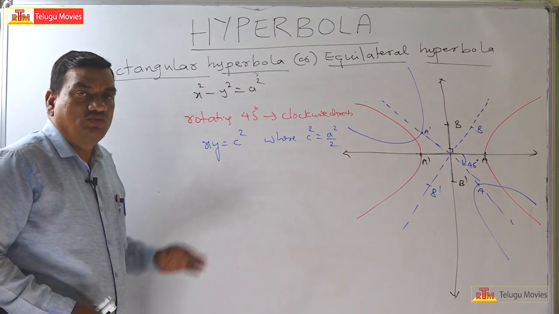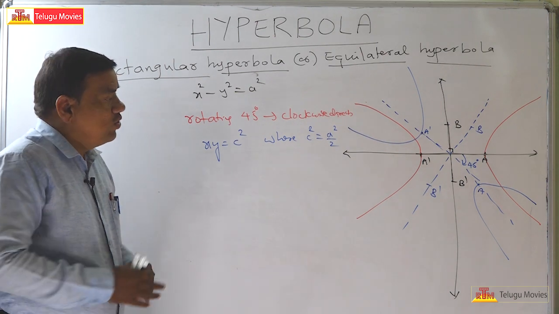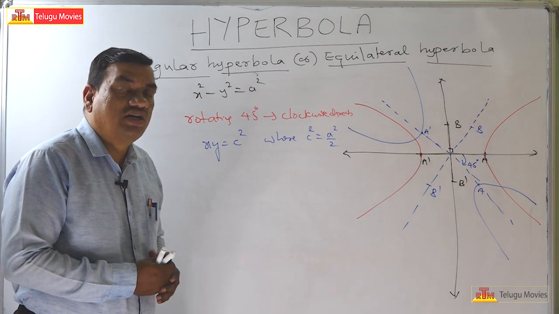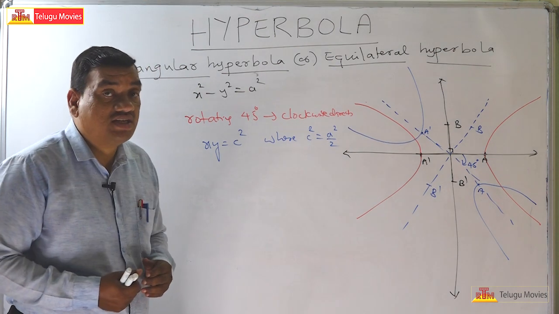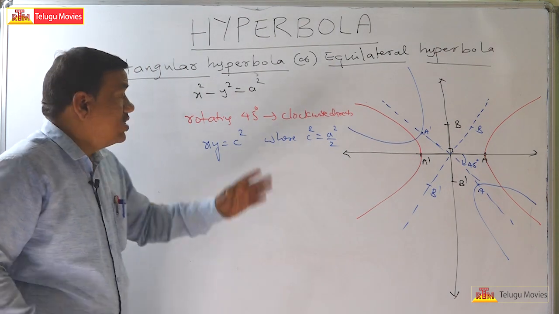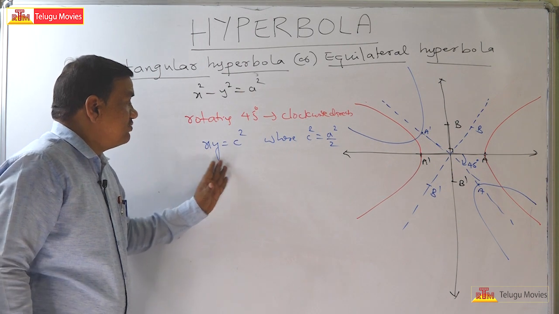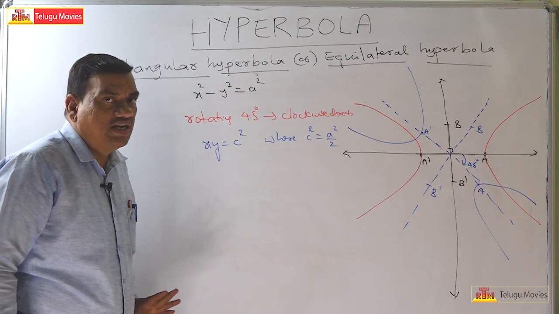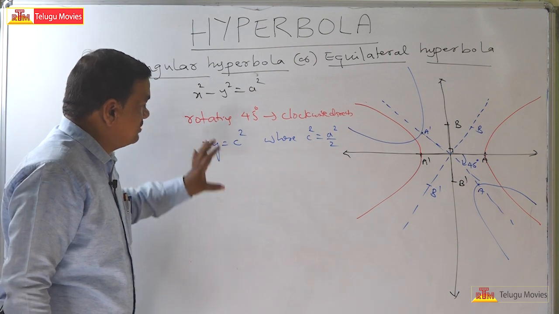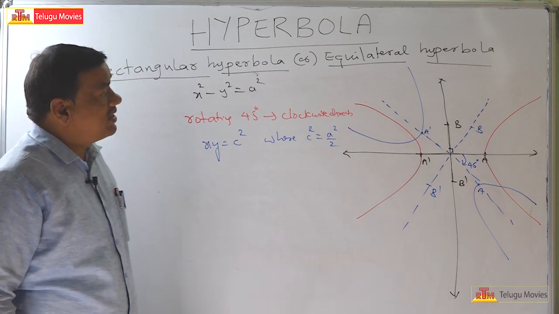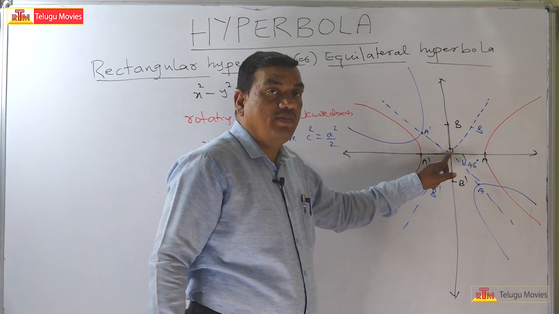We can solve this, nothing wrong in it. So here we have a table. Using that table, the angle of rotation is minus 45 degrees. After substituting, we will get xy is equal to c square. This is also a second degree equation. Now when this equation xy is equal to c square came, the center is the same, 0, 0.